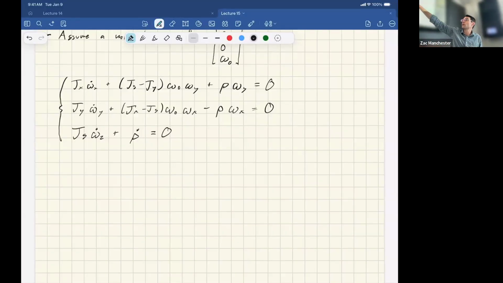And that one, we basically have full control authority over because that rho dot thing I get to pick. It's the torque applied to the rotor, or the torque applied between the despun platform and the spinning body. So that one, we're just going to assume that we have a controller running, like PD control or whatever, to keep it spinning the way you want. And then we only have to worry about two equations.